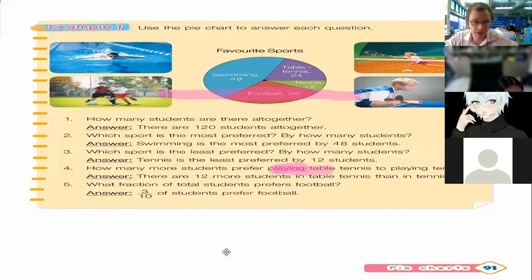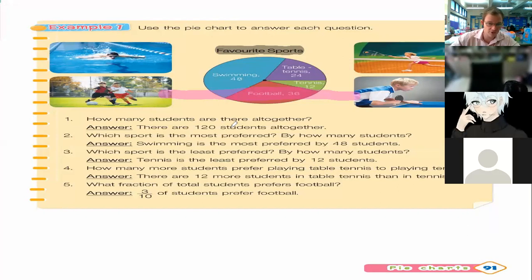Example number 1. Use the pie chart to answer each question. So in this pie chart, the first thing that's most important is to read what it is about. For instance, this one says favorite sports. The previous one was favorite pets. So always make sure that we understand the information we receive.